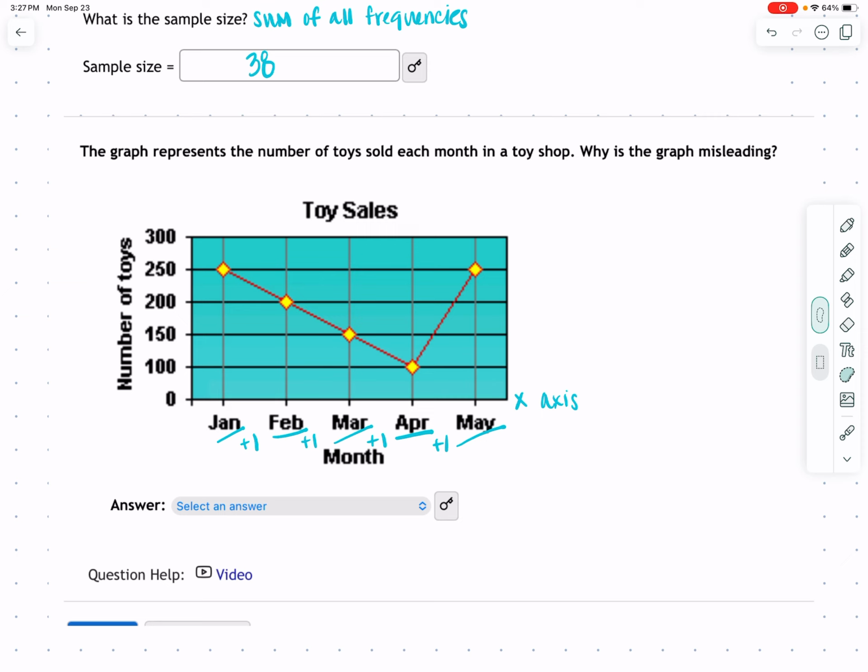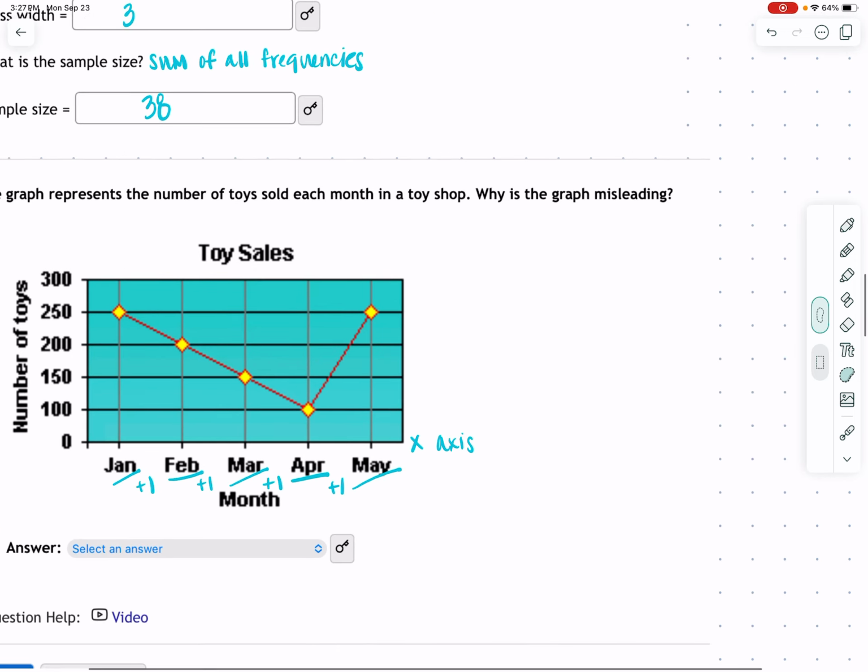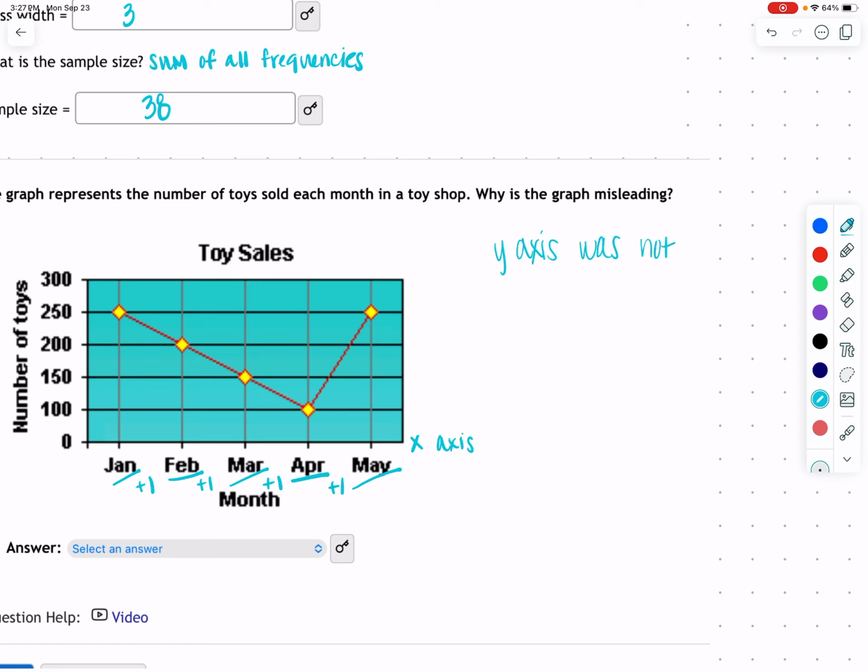The other two answer choices that I remember were very, very close in nature. One said that the y-axis was not proportional or something like that. Oh, I know what it was.